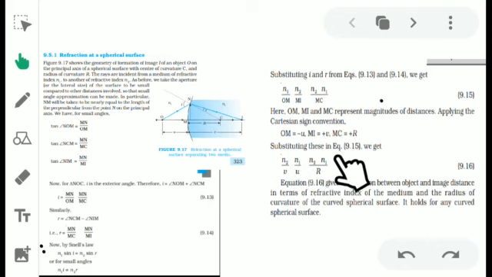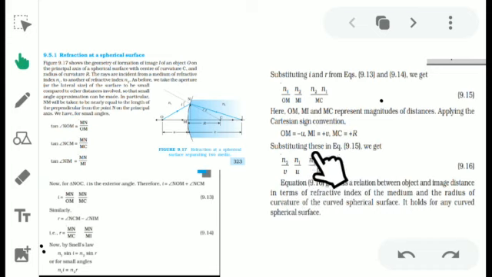Substituting this in equation 15, we get n2 by v minus n1 by u is equal to n2 minus n1 upon R. So this is the equation for when the light ray is incident on a spherical surface.